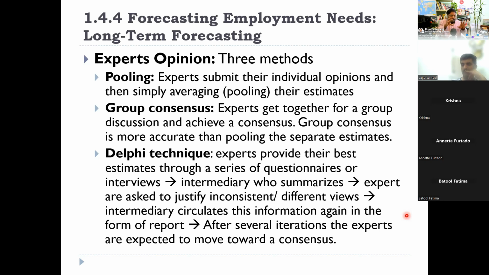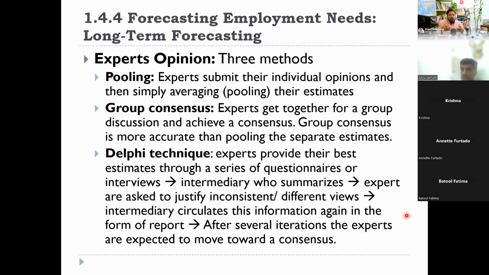You collect the opinion of everyone concerned, and if there is any divergent opinion, you also have to incorporate it with the justification: why this number is out of the loop, or going out of the zone, some red circle area. That area has some justification, and you compile whatever is provided by the experts.